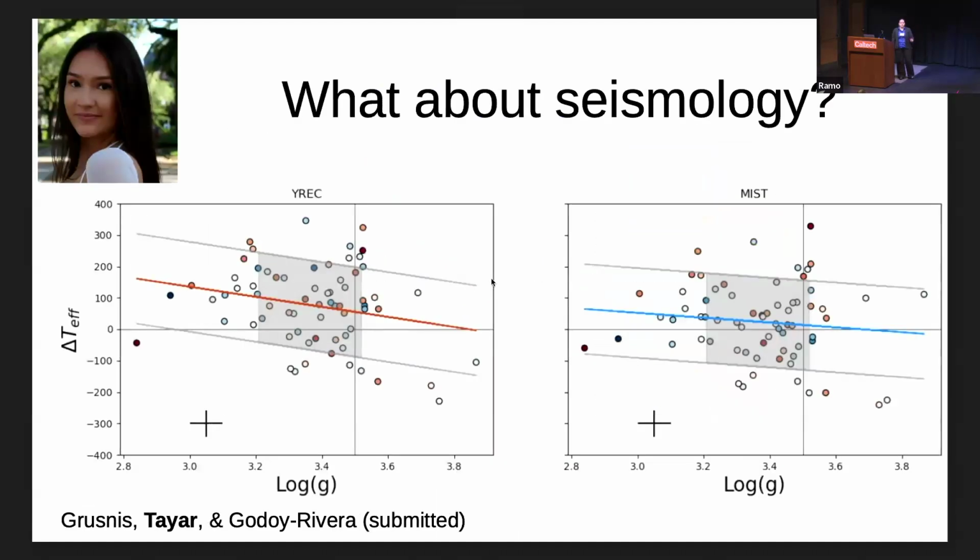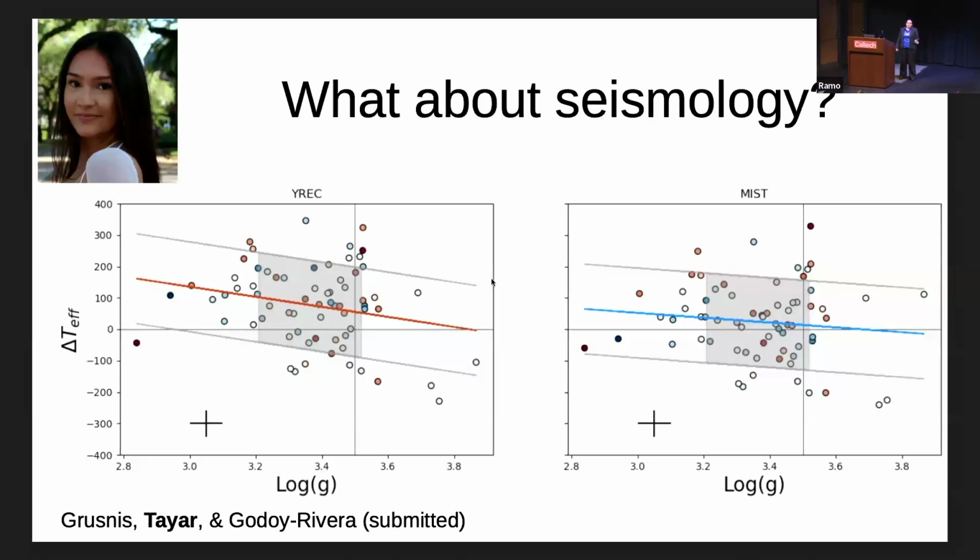Okay, but we don't have to stop with the sun. There are other stars where we've characterized really well. You've heard a little bit about astroseismology already, right? So these are stars where we have a seismic mass, a seismic surface gravity, we have a temperature, we have a luminosity, we have a radius, we have a composition. And we can put them into the models and say, okay, for a star of this mass at this surface gravity, what is the difference between the temperature I actually measure for this star and the temperature I predict in the models?